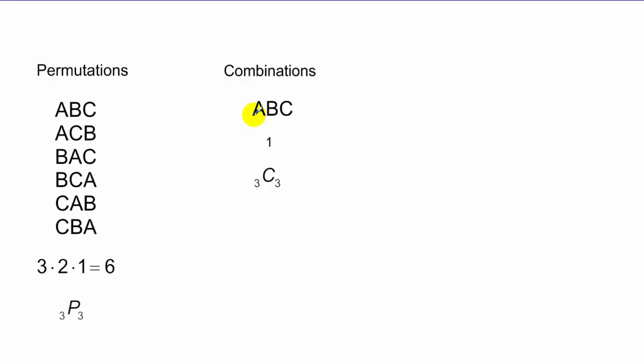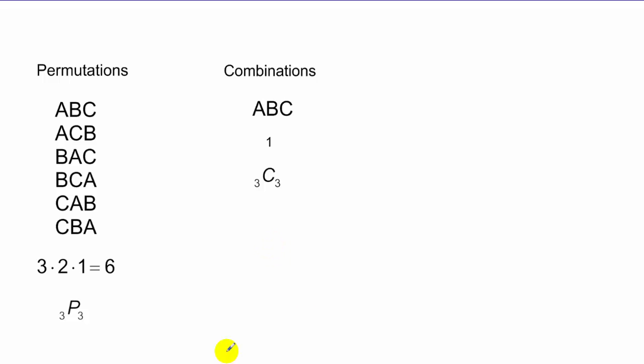If I take the letters A, B, C and put the 3 letters into a group, if I don't concern myself with the arrangement of the 3 letters, those 3 letters are in the group regardless of the arrangement they're in. So there's only one combination of these 3 letters. If I go 3C3, then I only get 1.